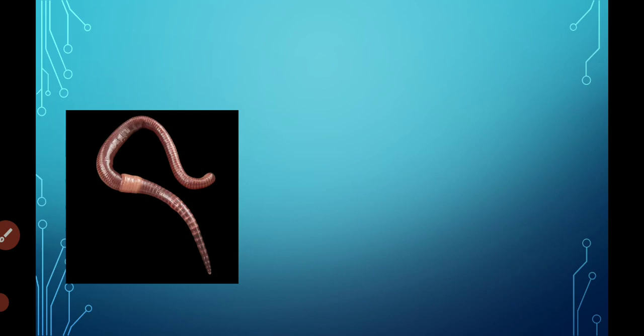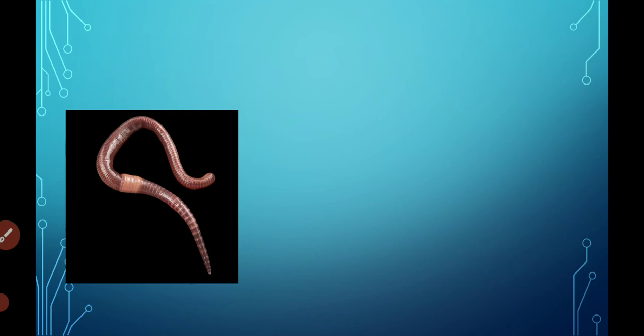Look at this one, earthworm. Earthworm is mostly seen during the rainy season. It lives in moist places. Earthworm lives in the soil and makes the soil fertile. So, earthworm is called the friend of the farmer. It loosens the soil and increases the amount of air and water in the soil.